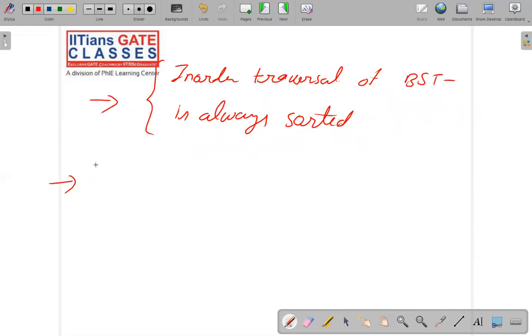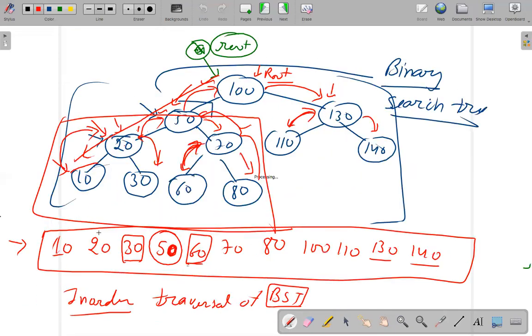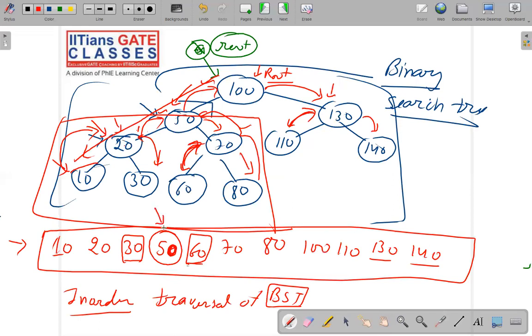The second conclusion, the second analysis that you can do by looking at this in-order traversal, is that if you pick any node, any value, like 50 we have picked randomly, the predecessor in the in-order traversal lies on the left and then the rightmost part.